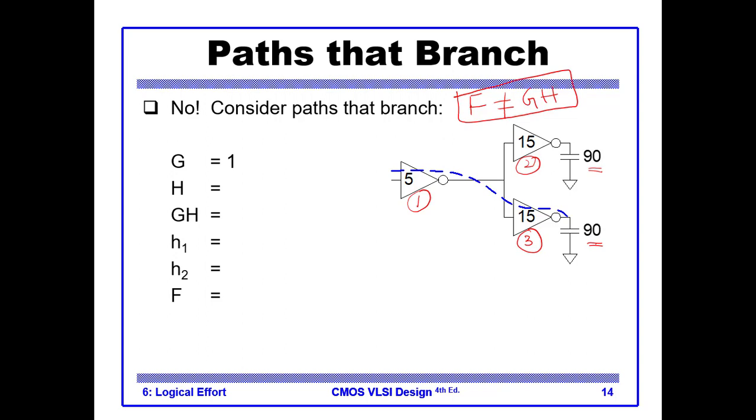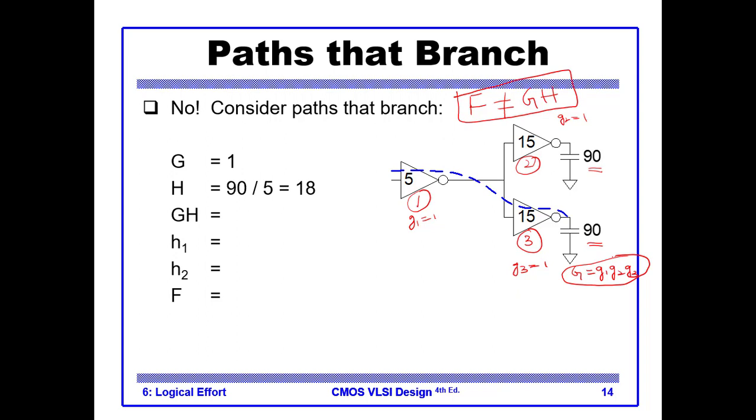So if I say G1 is 1, G2 is 1, G3 is 1, the product of all these, G1, G2, G3, is 1. What is capital H?